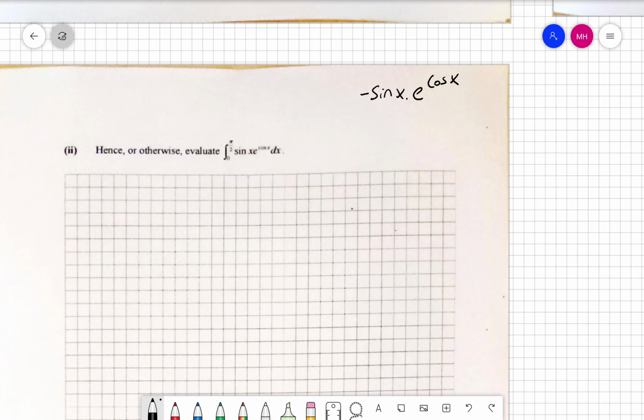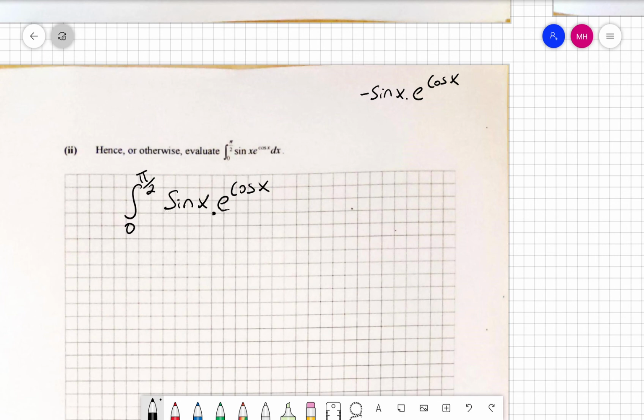So I'll just write out what we have. The interval is pi over 2 and 0, and we've got sine x e cos x. Remember, there's no product rule for integration. If you have something like this, you really have to think about whether you've done something already in the question to help you integrate.